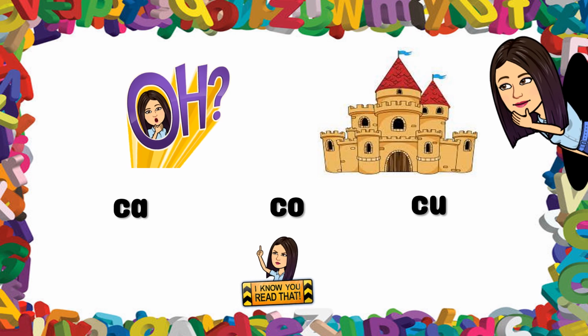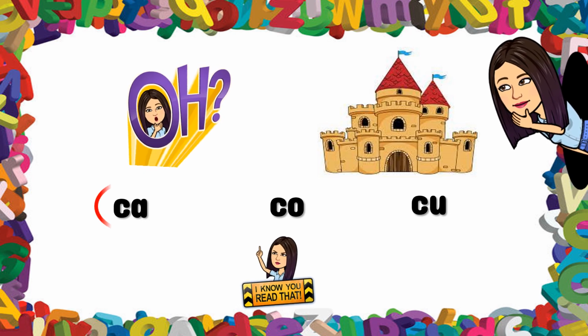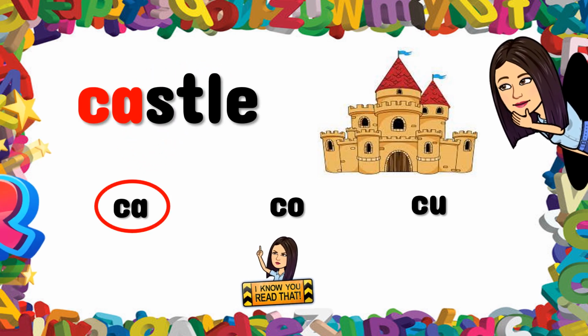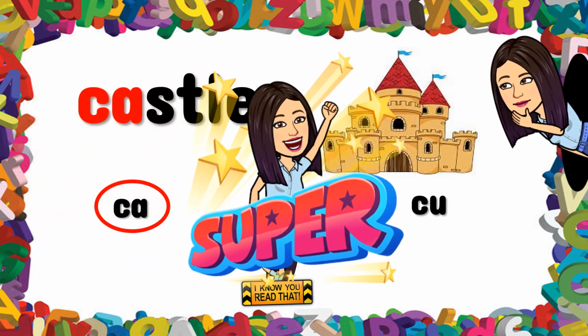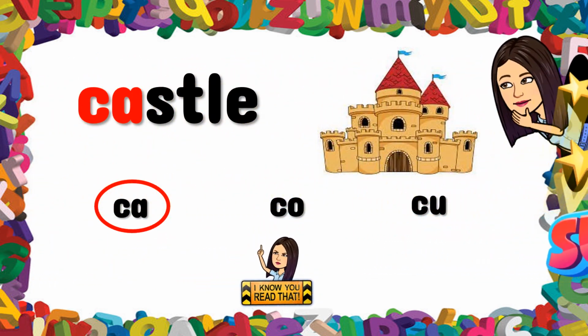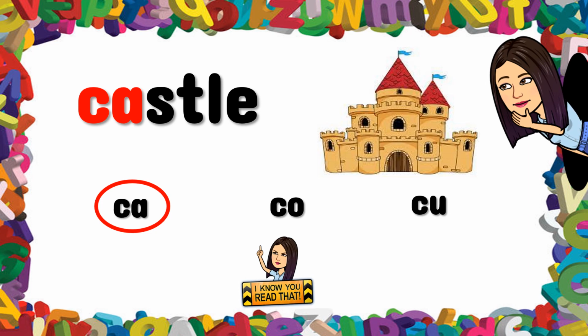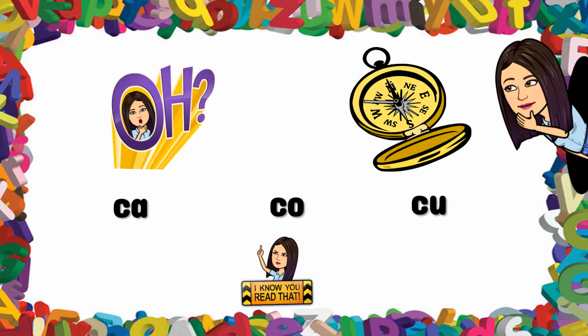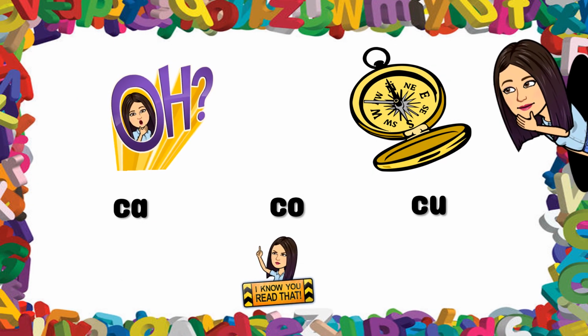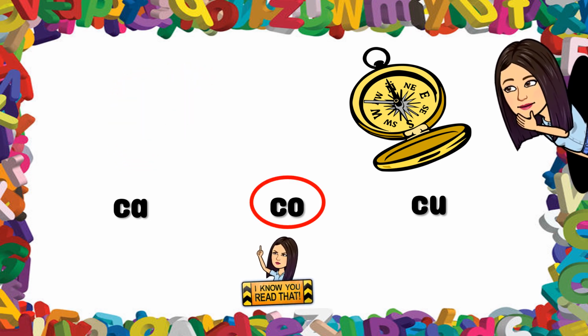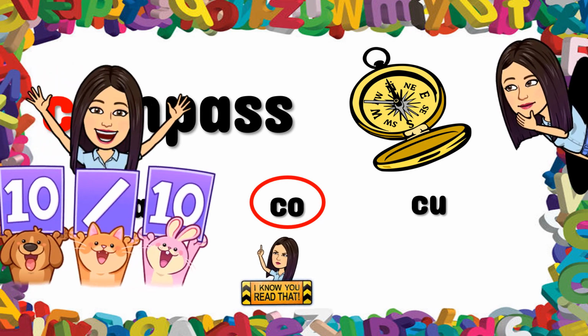The beginning sound of the name of the picture is Ka, castle. The beginning sound of the name of the picture is Ko, compass.